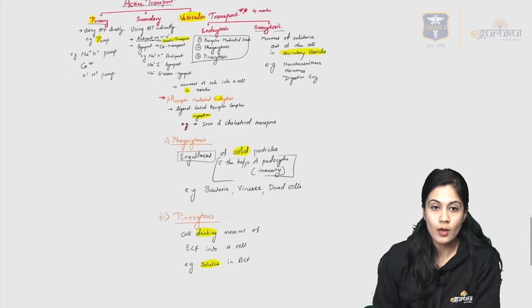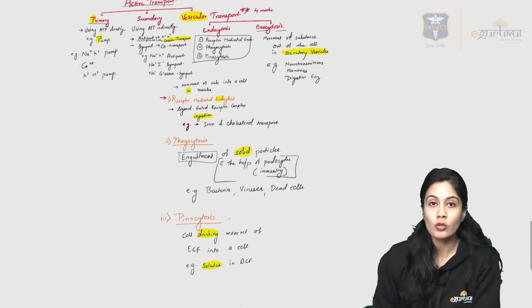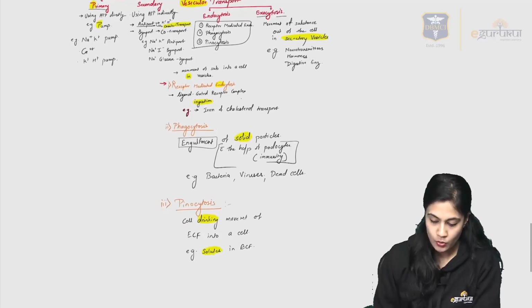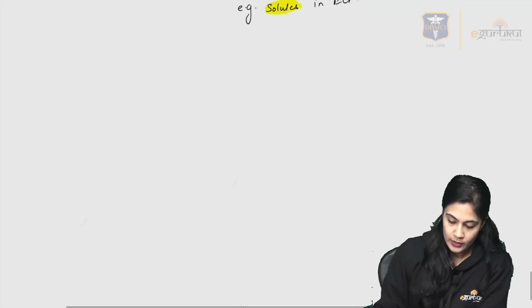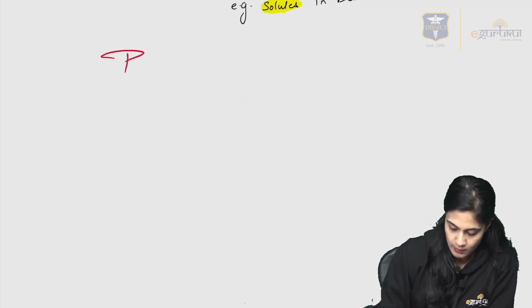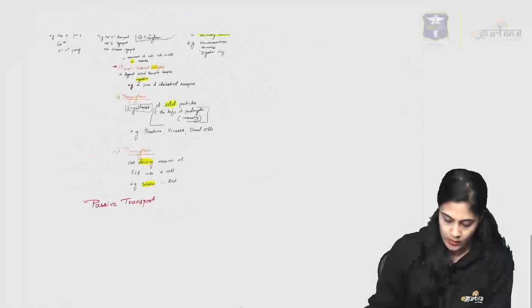So, this is all about your active transport, right. This can be a short note or a long question, and in viva they can ask you about the examples too. So, without any further delay, let's move on to our next transport, that is passive transport. I hope you are getting the link of how we are proceeding in the transport across the cell membrane.